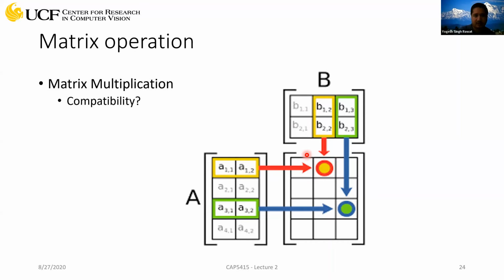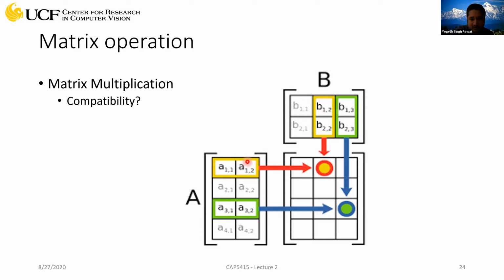What you need is for the 2 matrices to be compatible. For example, when we are doing addition, the restriction was that both matrices should have the same shape. In multiplication, that's not the case. Of course, if the matrices have the same shape, then we can do the operation, but even if they are different, it's still possible. So what's the requirement?